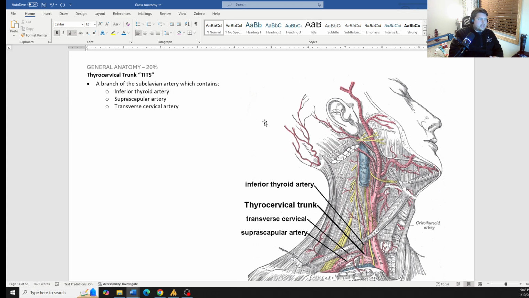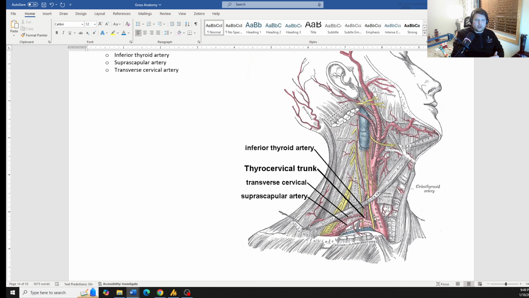Another structure is the thyrocervical trunk. Again, not asked about very often, but the thyrocervical trunk contains the inferior thyroid artery, the suprascapular artery, and the transverse cervical artery.